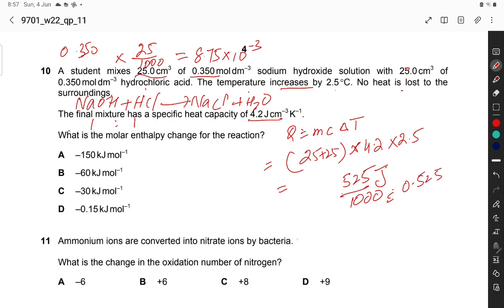So delta H is equal to minus Q over mole. Q is 0.525 divided by mole is 8.75 into 10 raised to minus 3. 0.525 divided by 8.75 into 10 to minus 3 is 60.